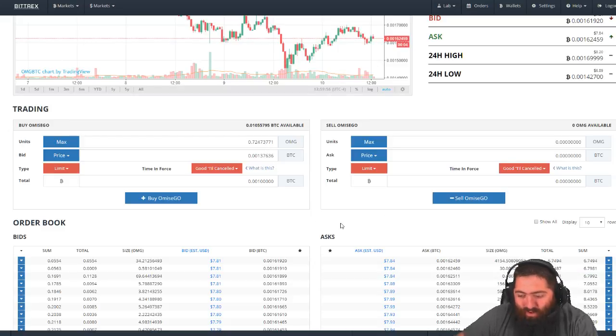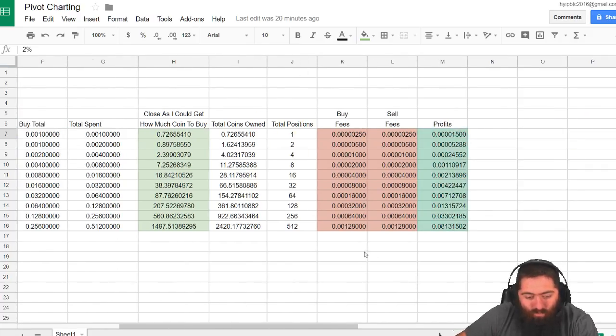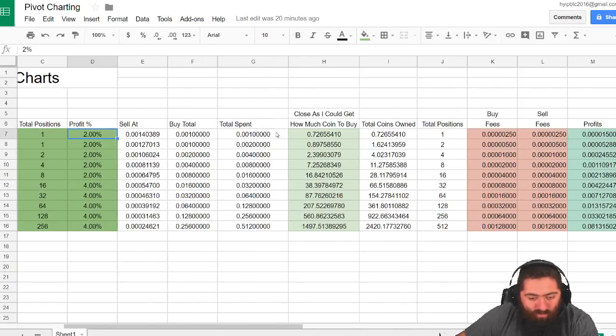I'm going to share the spreadsheet, Dana, because it took me a little bit to get it all correct. Even before I started doing this, I was trying to figure out how to get the profits working right.